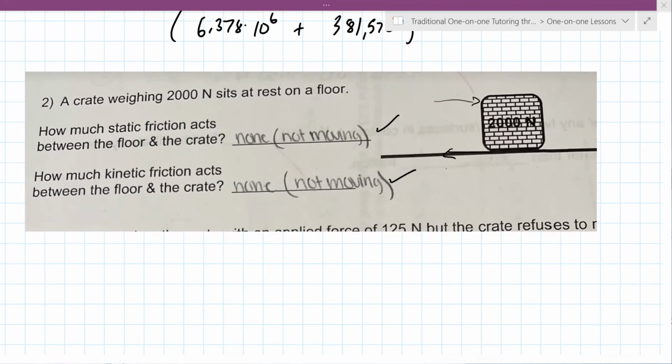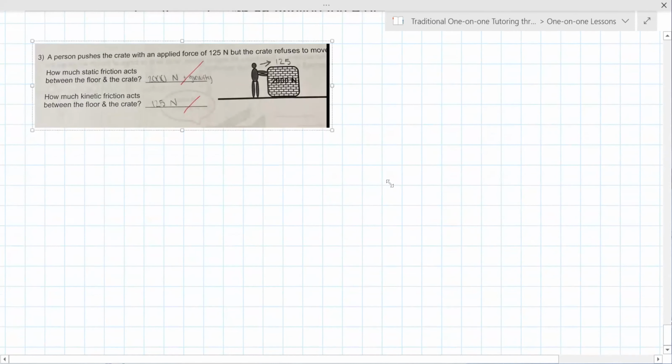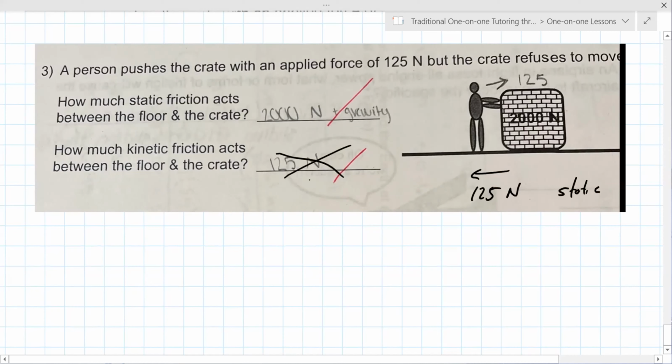If you start pushing but you don't push hard enough, it's still not going to move. So if the person is pushing with 125 newtons but the crate isn't moving, that means it's pushing back with 125 newtons of static friction. And since it's not moving, there's no kinetic friction until it starts moving.